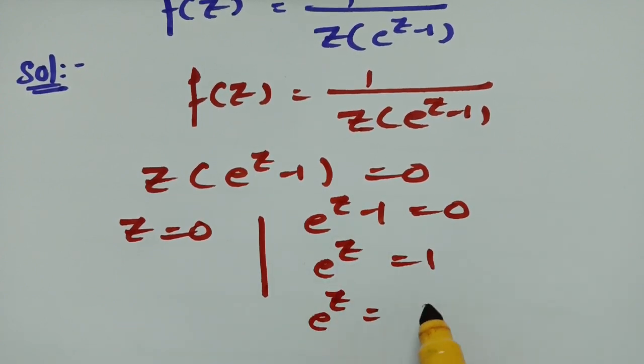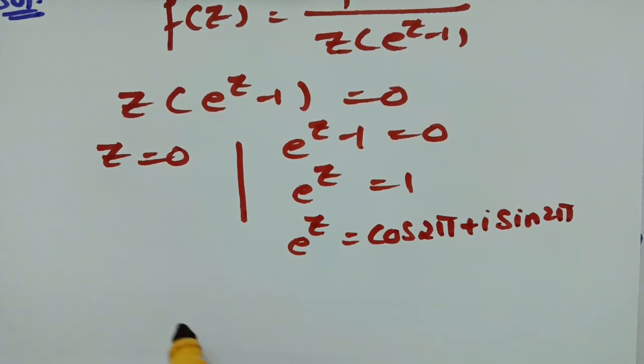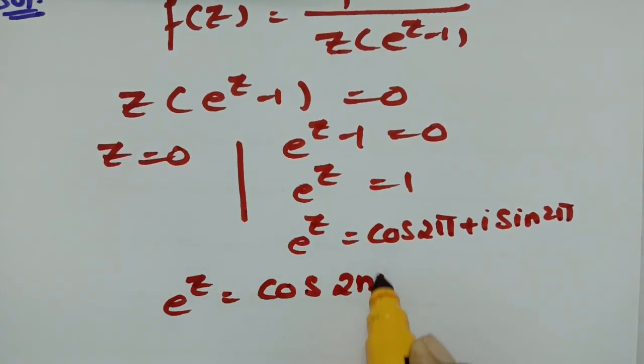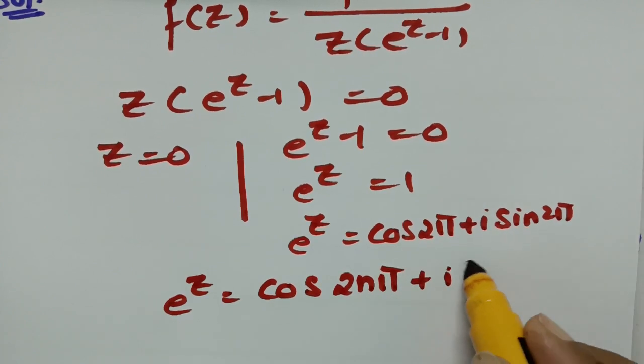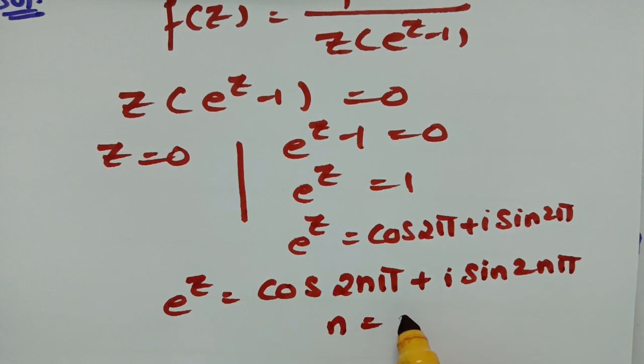So e^z can be written as cos 2π + i sin 2π. In general, I am writing this as e^z = cos 2nπ + i sin 2nπ, where n runs from 0, ±1, ±2, and so on.